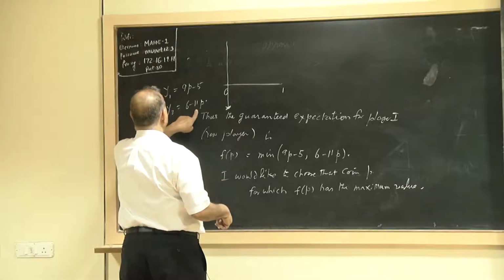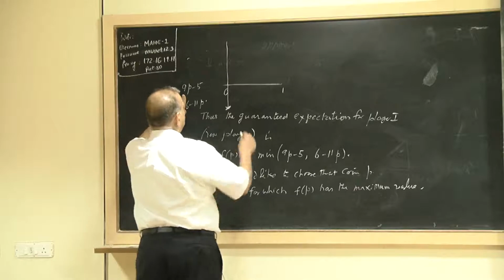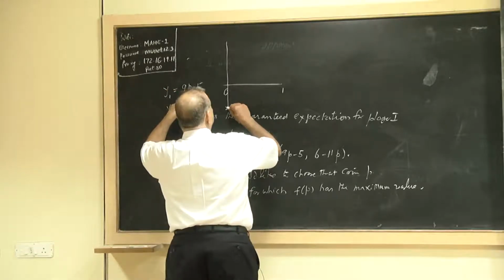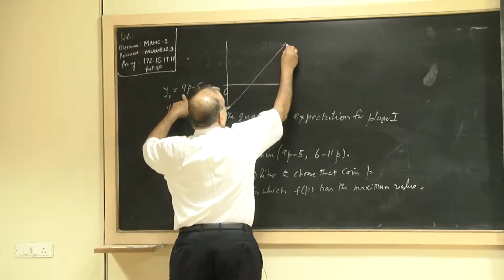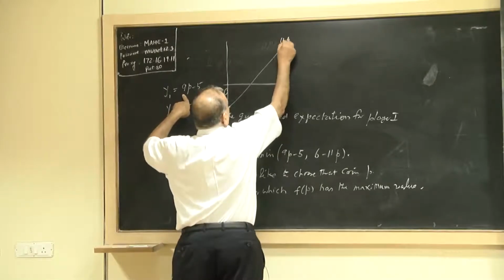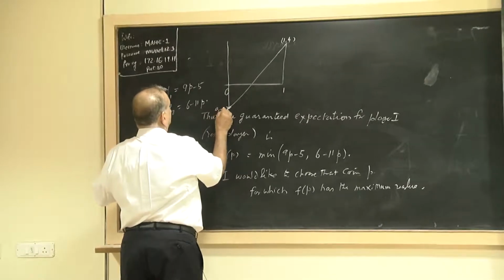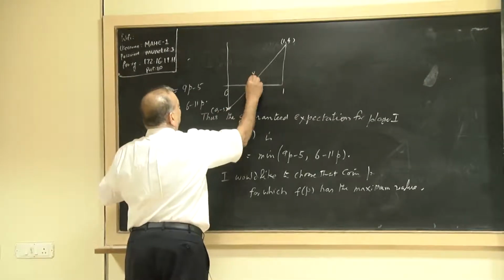When I put p equals 1, it becomes 4. So y1 is this linear function. This is the function y1.